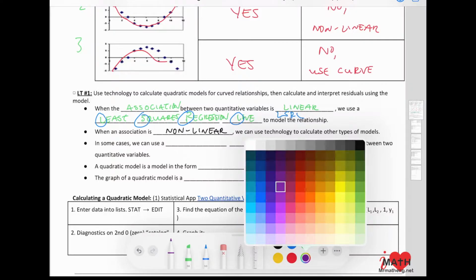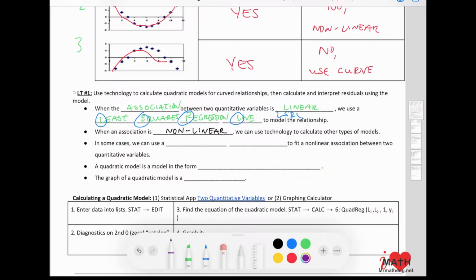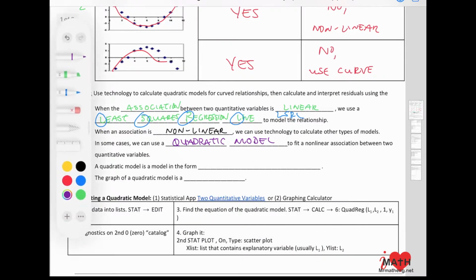In some cases, we can use a quadratic model to fit a nonlinear association between 2 quantitative variables. A quadratic model has a form of y hat, because it's a predicted value.